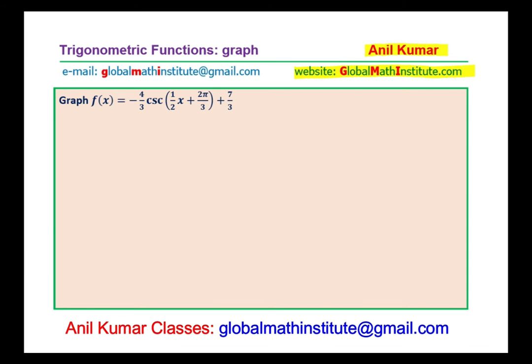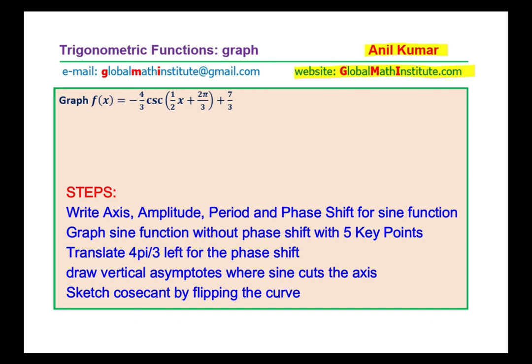First we'll consider the basic concepts. And once we have the concepts in hand, we'll sketch the graph. I'll discuss a couple of strategies which can help you. Correct. So the first step is that we are looking into cosecant. Whenever you have cosecant, that means in your mind, the sine function should be there, right?